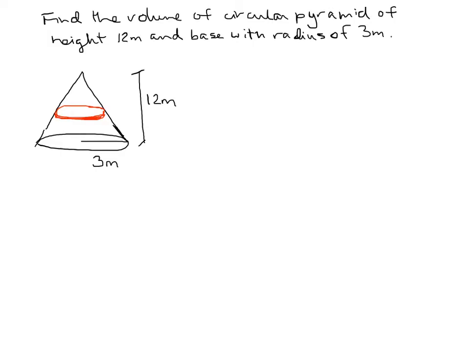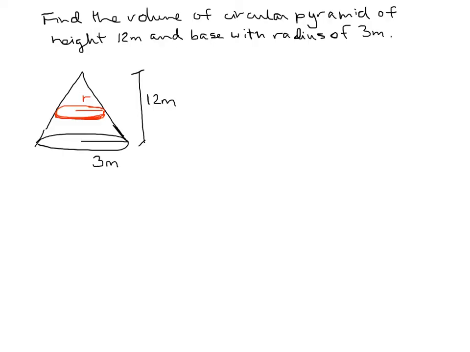Now notice that if we moved this slice up, the radius of it would decrease. If we moved it down, the radius would increase. So this slice does not have a single radius. The radius actually changes throughout it. So let's call that radius r.